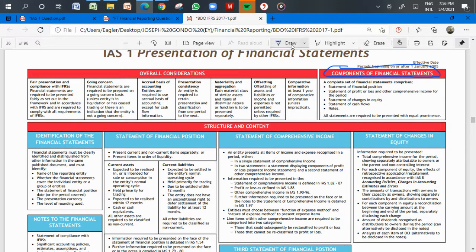IAS 1 says whatever you are putting in the financial statements should be fairly presented and in compliance with IFRS and IAS. So how do we know that the financial statements are actually fairly presented? That's when the auditors come in. When you are given the financial statements, you can go straight to the auditor's report.